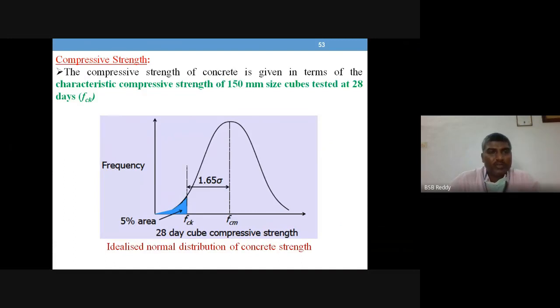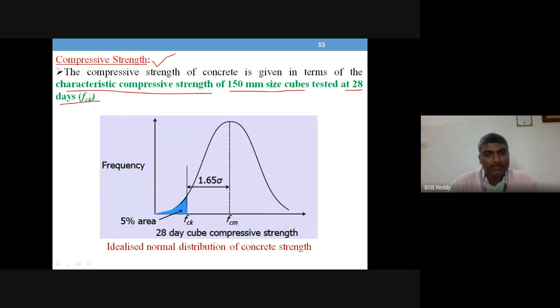Let us come, one by one, to the compressive strength and tensile strength, the strength properties of the concrete. Compressive strength of concrete is measured in terms of the characteristic compressive strength of a 150 size cube tested at 28 days, and that is called fck.